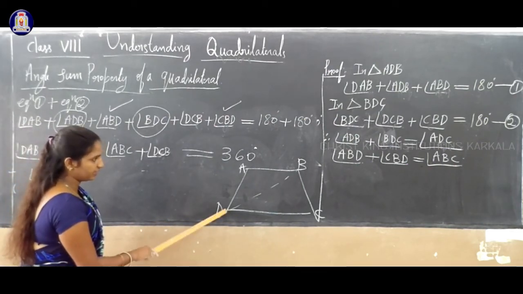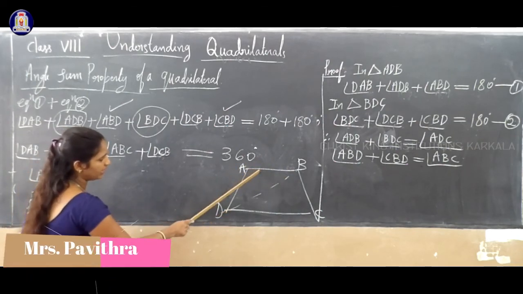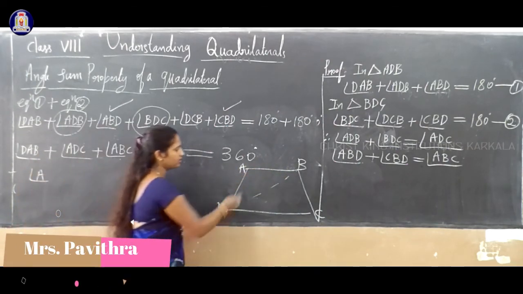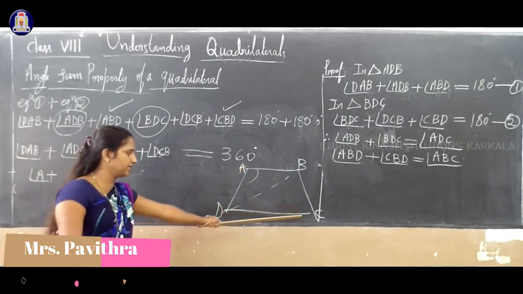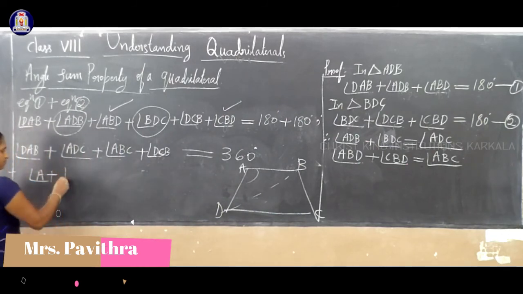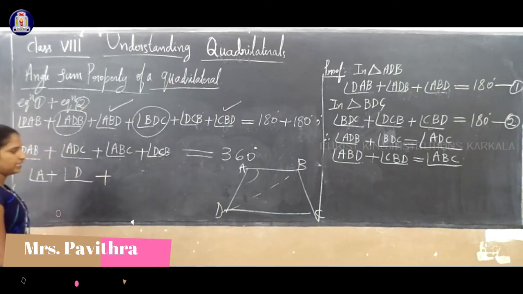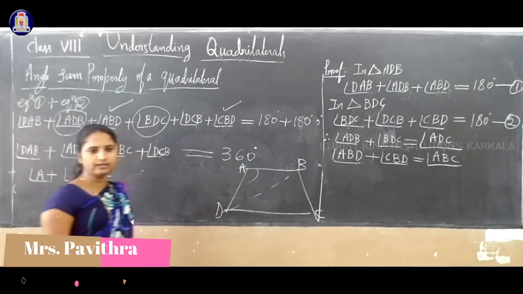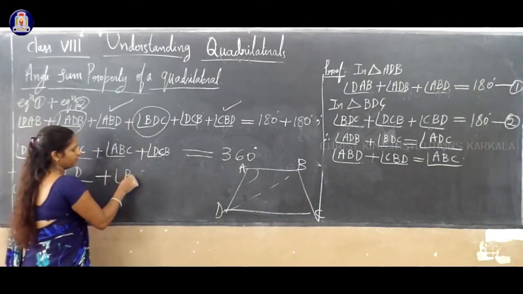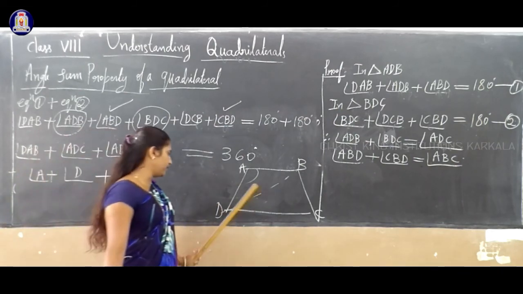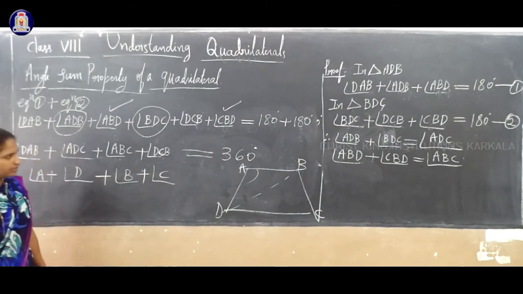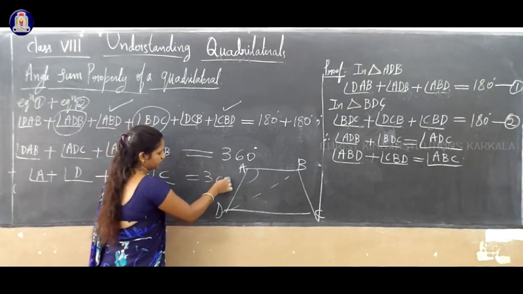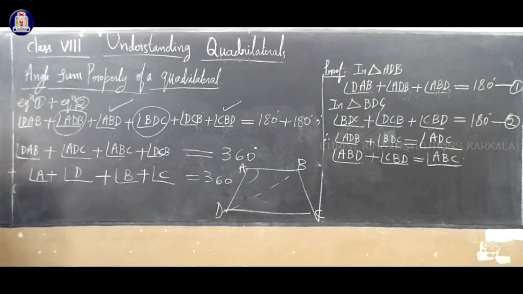So I wrote here angle A plus ADC, which means angle D, plus ABC, that is angle B, plus DCB, that is angle C. That is equal to 360 degrees.